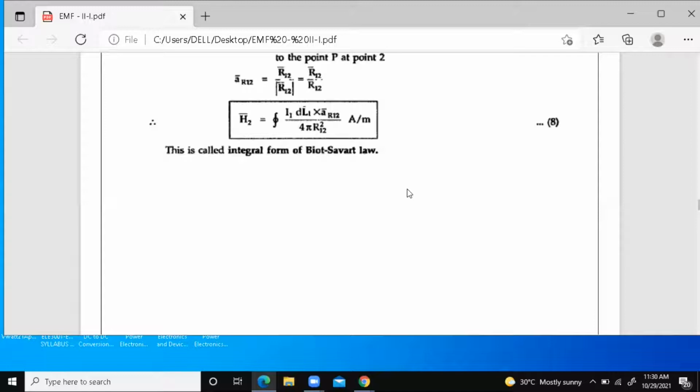So far we have looked at a wire, a line carrying current. Now let us look at a sheet of current.